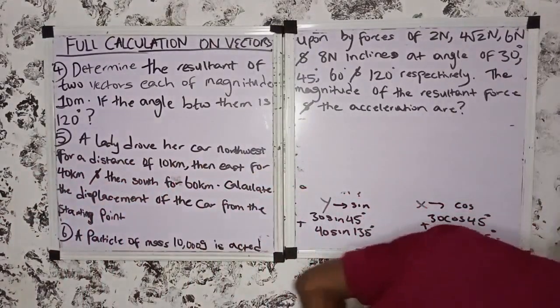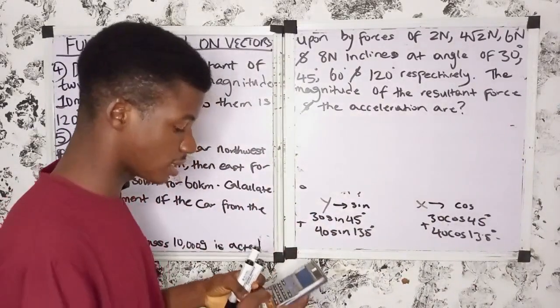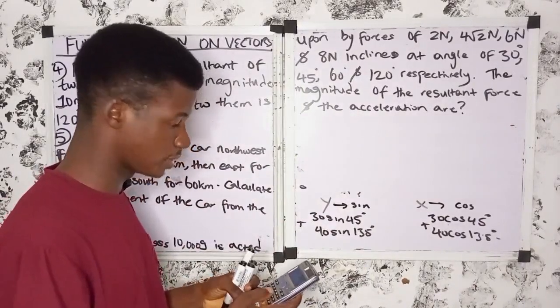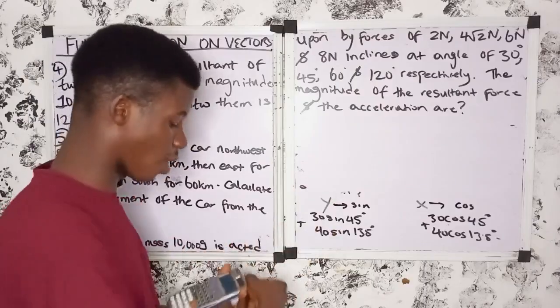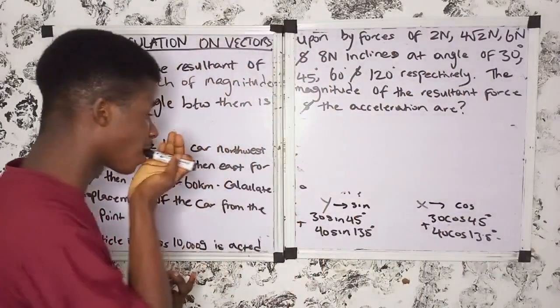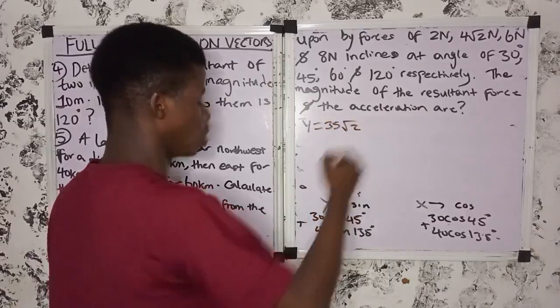Now let's add y. If we add 30 sine 45 degrees, then plus 40 sine 135 degrees, our y will be 35 root 2. What about our x?